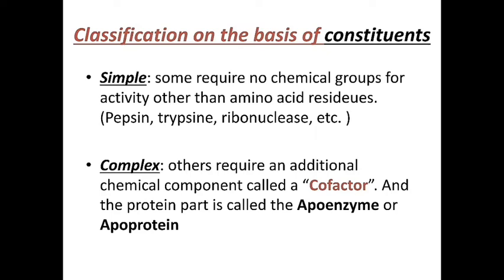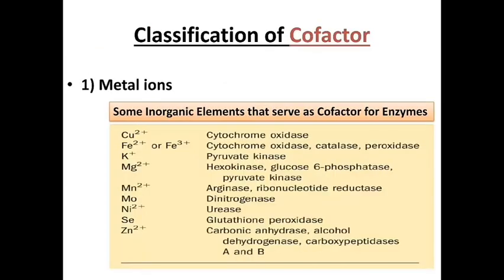And in a complex type, there is an additional chemical component required to complete the enzymatic action, which is known as the cofactor, and the protein part of the enzyme is known as the apoprotein or apoenzyme. So a complex enzyme is made up of an apoenzyme and a cofactor. The cofactor can be of two types: a metal ion or organic molecules.